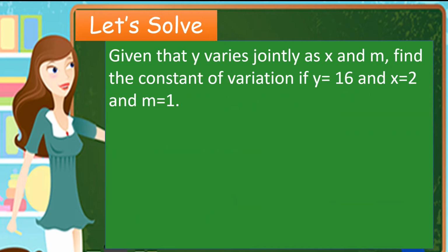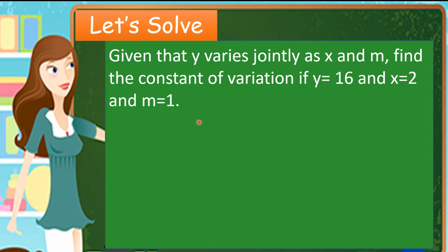So, let's solve. Let us have our first example on how to solve a problem regarding joint variation. Given y varies jointly as x and m, find the constant of the variation if y is equal to 16 and x is equal to 2 and m is equal to 1.